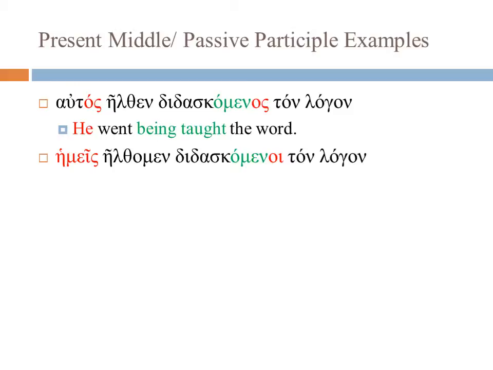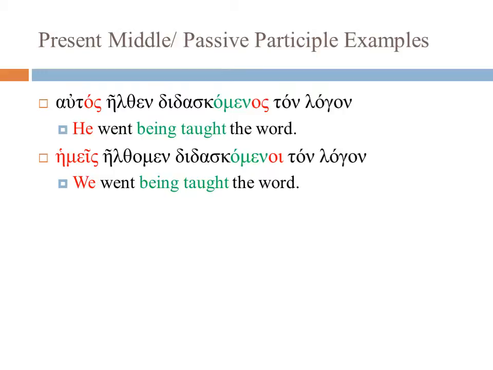In Greek, any group that you have that consists of men and women, the masculine term is used. So if it's plural, it will always be masculine unless it is all women. So we get we went, and since this is passive, being taught the word.